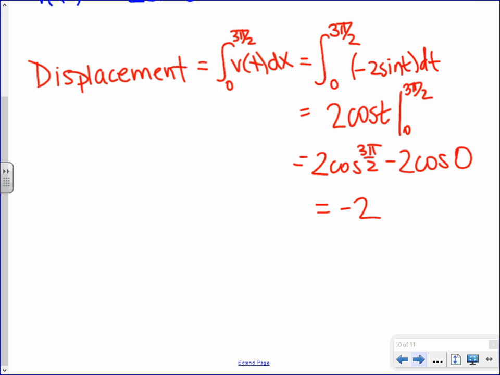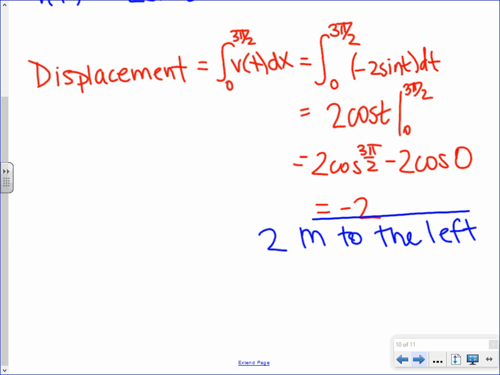So our displacement is negative 2. So our displacement is 2 meters to the left. Since it's negative, we're 2 to the left.